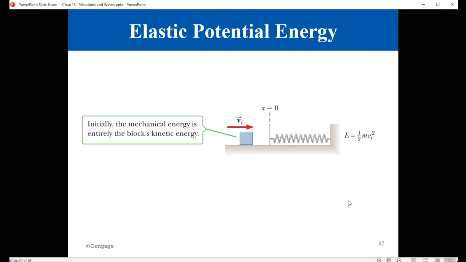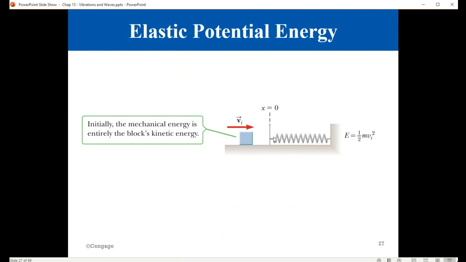Let us learn a little bit more about this new form of energy, the elastic potential energy. Consider this situation that we started with. Again, you have this spring unstrained, unstretched, uncompressed, so x is 0. And you have this mass here on the frictionless surface, there is no friction, moving with some initial velocity vi.